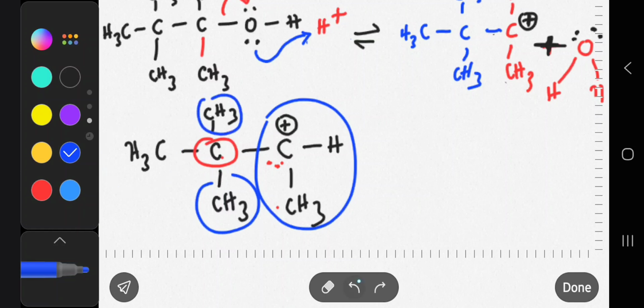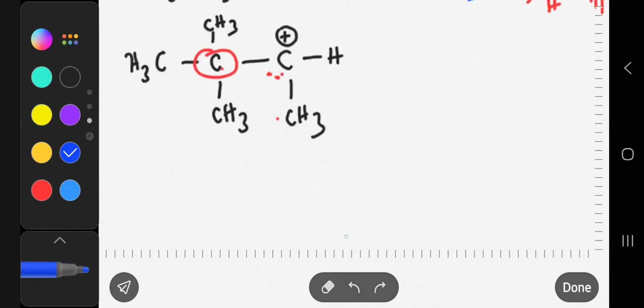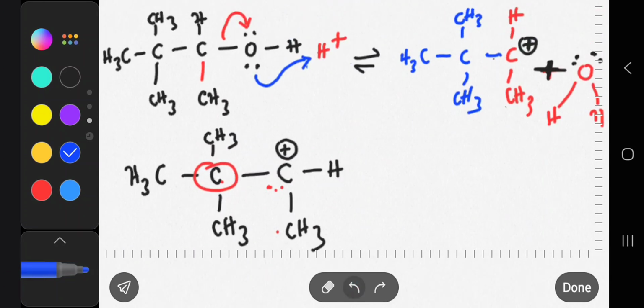So with that being said, we are going to have a way to cause this positive charge to be transferred to this carbon, because this is the most stable, right? For us to do this, we're going to carry out what is called a shift of this methyl group. There's going to be a methyl shift to the next carbon.